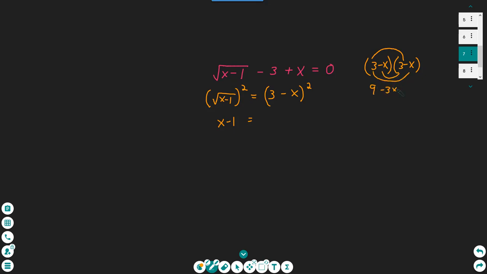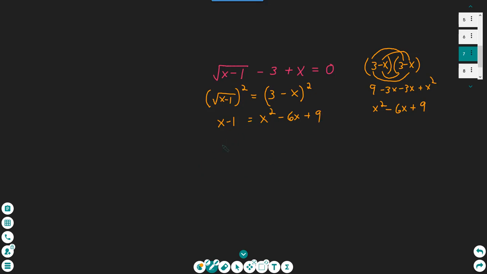The inside is negative 3x. Then the last is a positive x squared. We can simplify this: x squared is x squared, and combining the negative 3x with the negative 3x gives us negative 6x, plus 9 at the end. So we have x squared minus 6x plus 9.